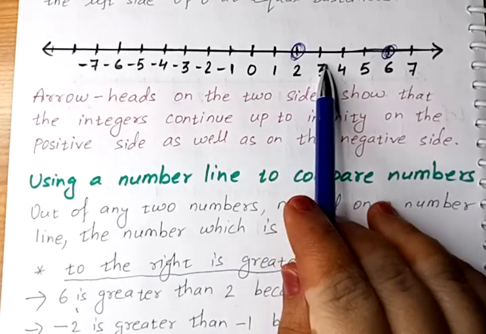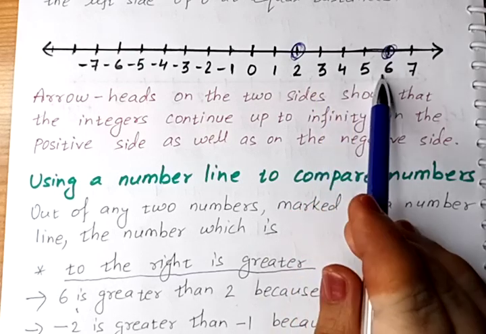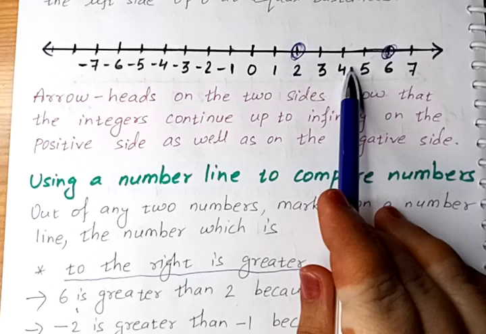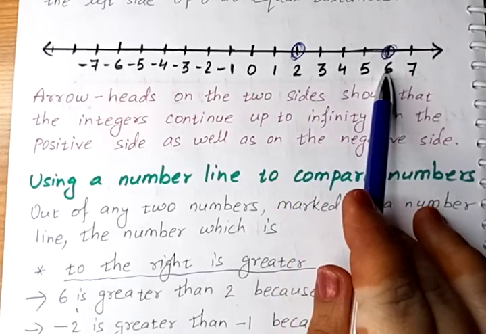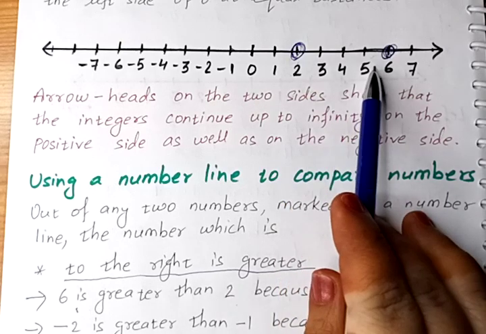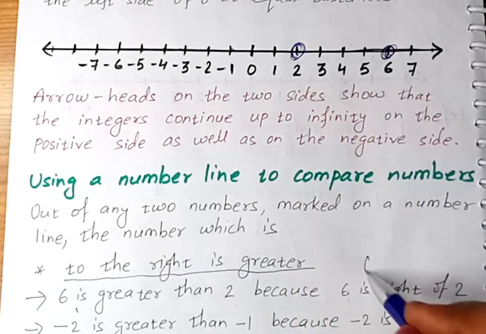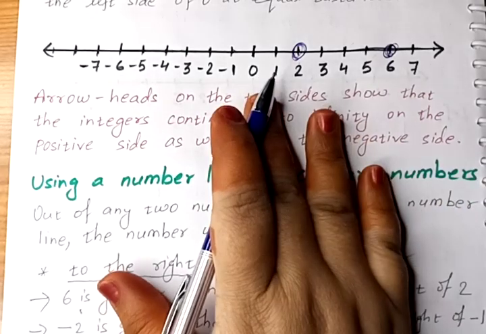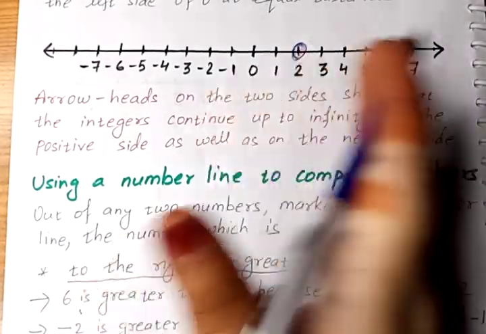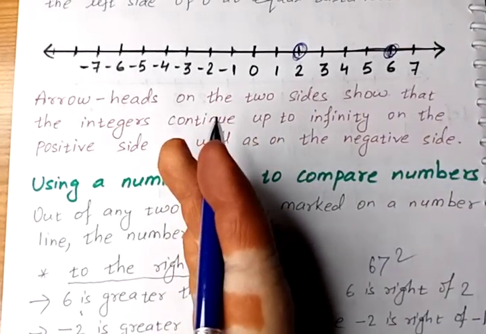Of any two numbers, the one on the right side is greater than the other. Here 6 and 2 are the two numbers, and 6 is on the right side. It means 6 is greater than 2. Clear children? Very simple. If two numbers are marked on the number line, the one on the right side will be greater, and the one on the left side will be smaller.